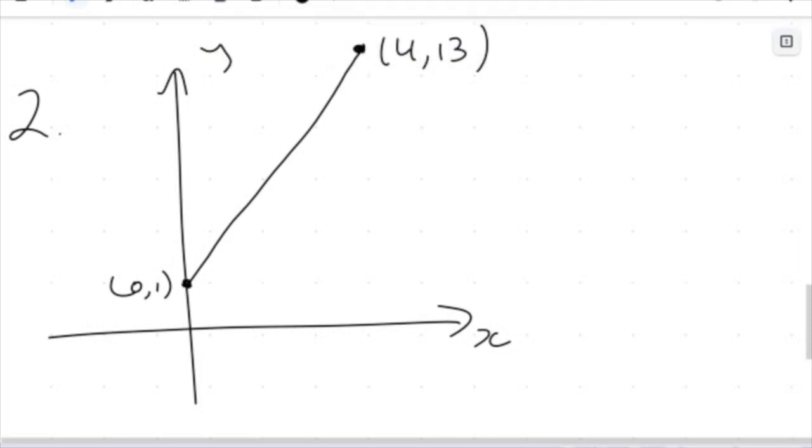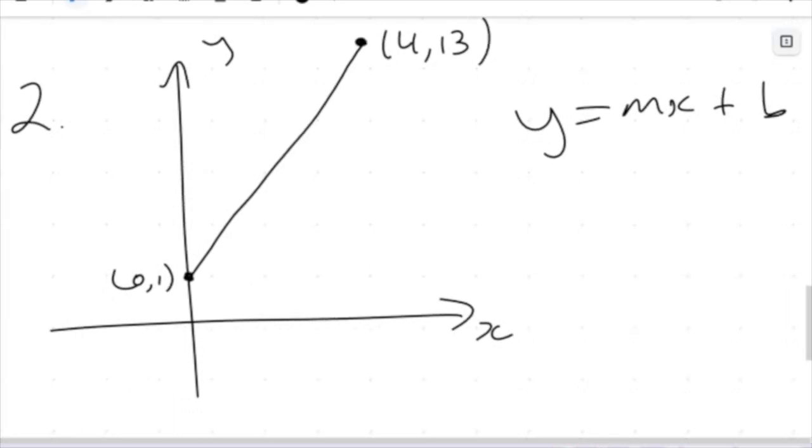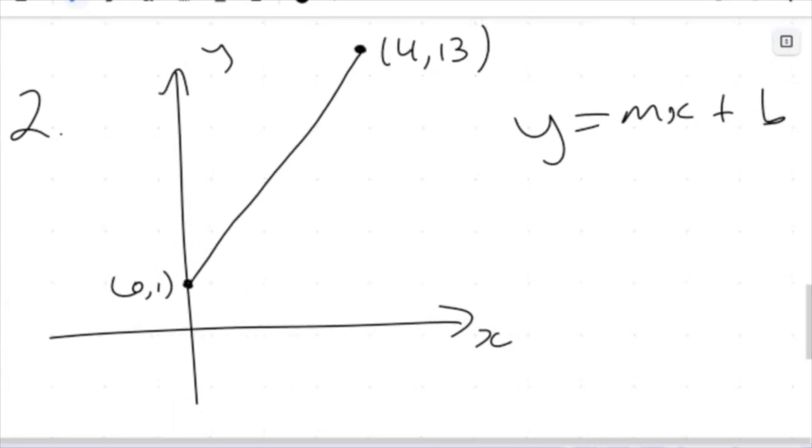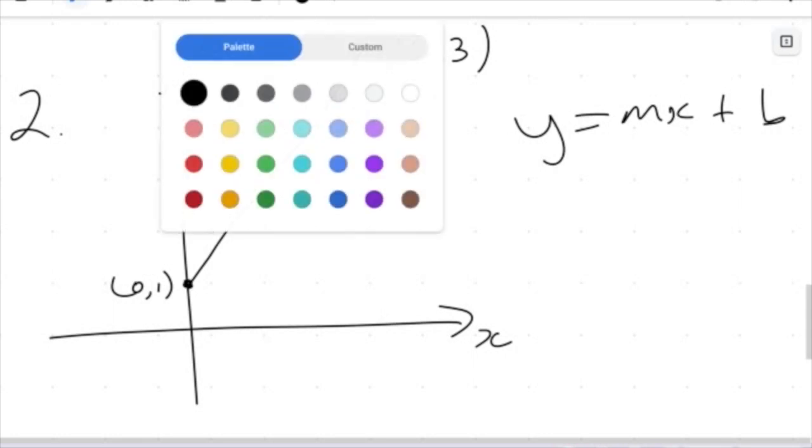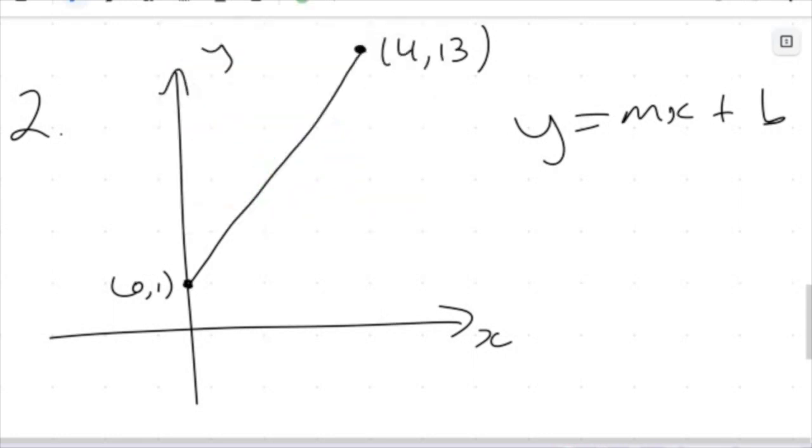Now I want to find the equation of this line. So we need to consider our equation of a line formula. And that's going to be a bit of revision from before. The general equation of these lines is going to be y equals mx plus b, or some people use c instead of b.